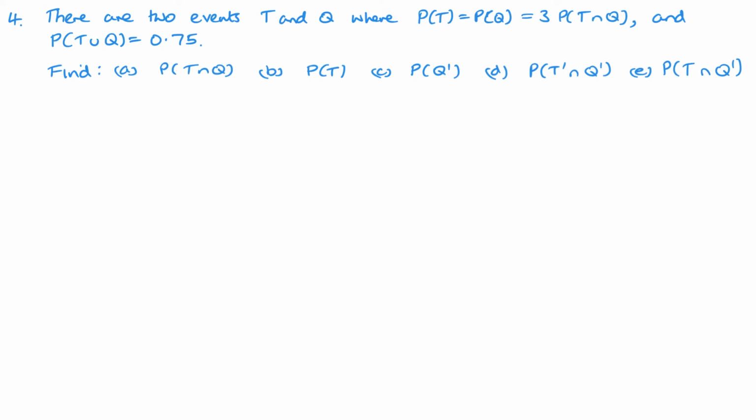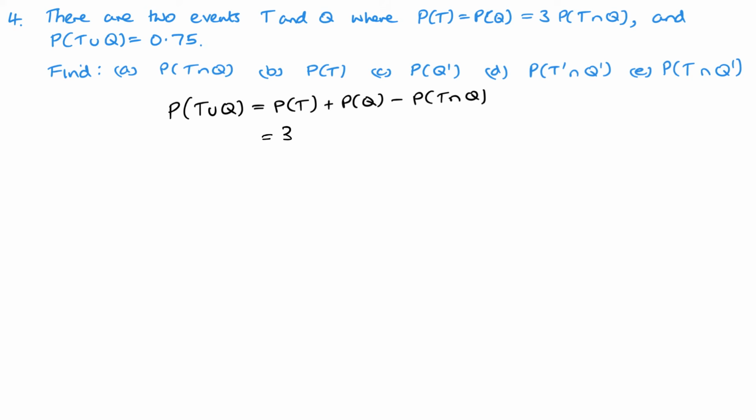So remember our formula, our addition formula. So it's A union B, so this is T union Q, probability of T plus probability of Q minus the probability of T intersection Q. Now what we're told here is that probability of T is the same as the probability of Q, and it's the same as 3 times T intersection Q. And what I want to do is make all of these a single one, so the easiest thing to do is to make it into intersection.